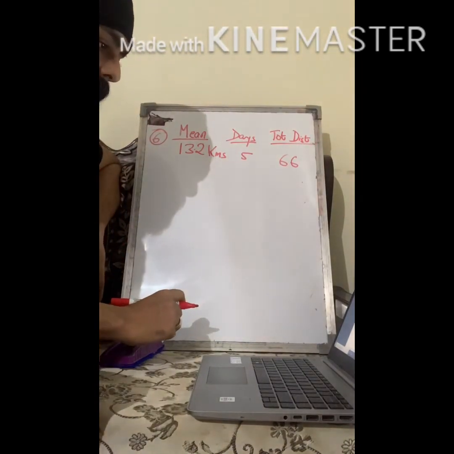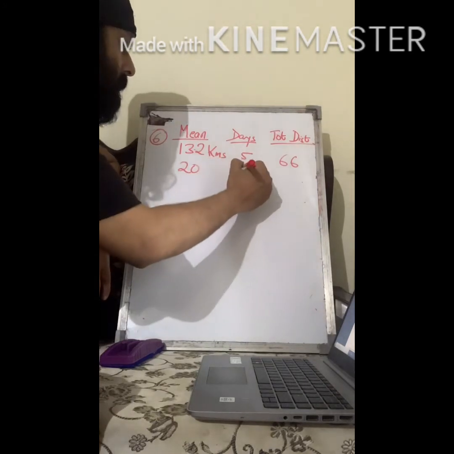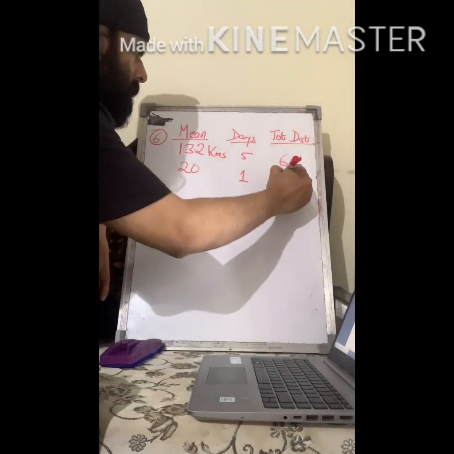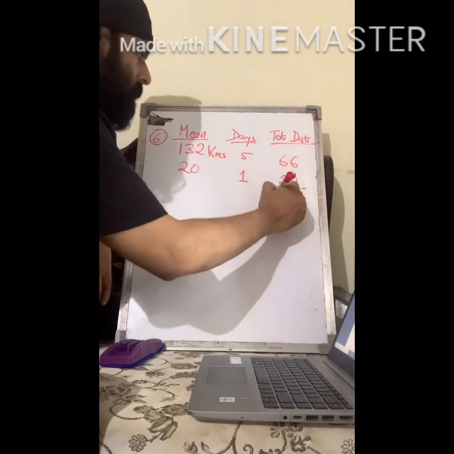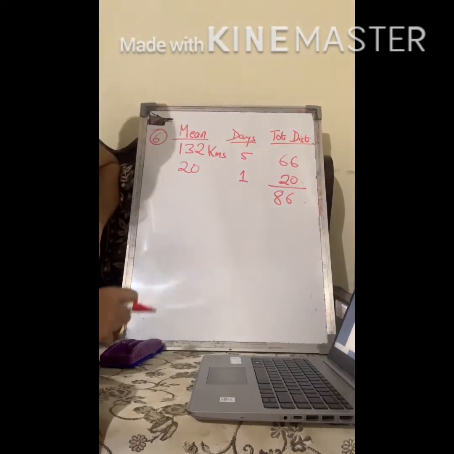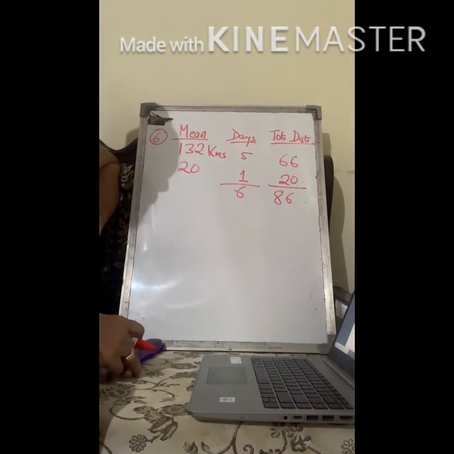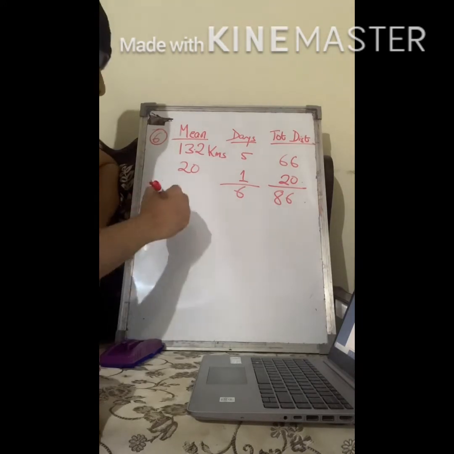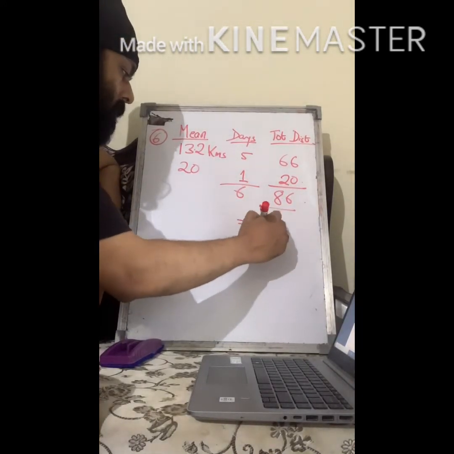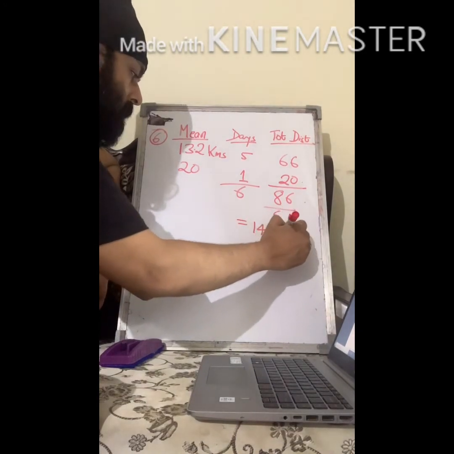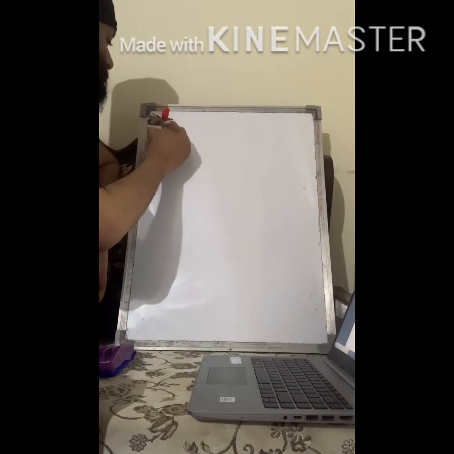The next day Mark ran 20 kilometers, so 20 multiplied by 1 day is 20, which gives 86 kilometers in 6 days. And the mean across these 6 days is 86 divided by 6, which is equal to 14.33 kilometers.